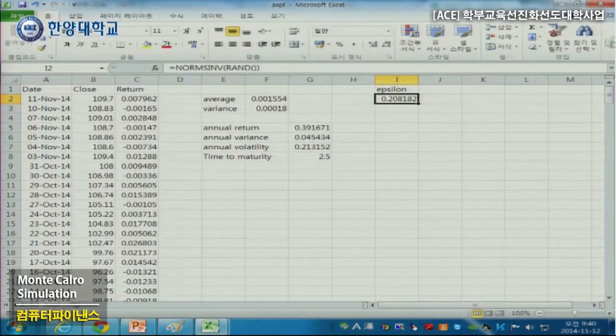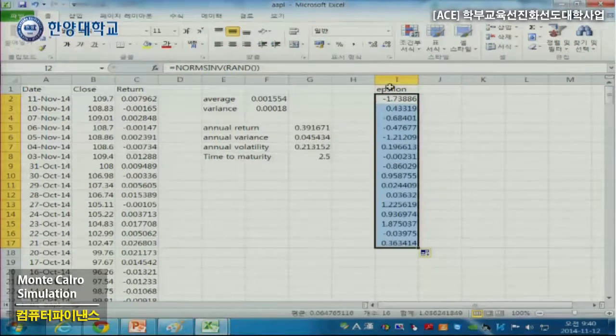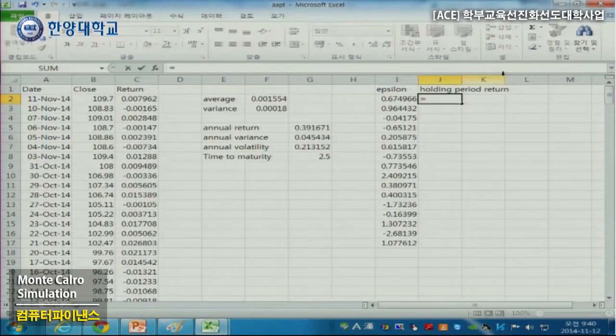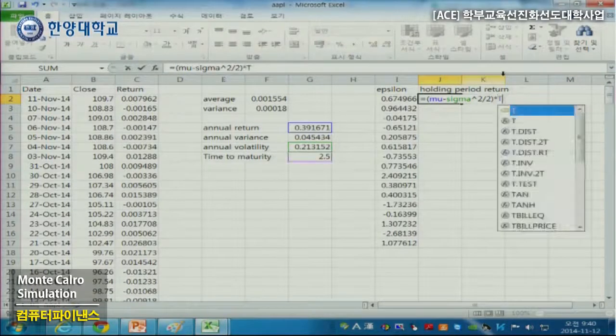Okay. And then let's simulate how many. We simulate this one, and then holding period return. Holding period return is what? This is mu minus sigma squared divided by 2 multiplied by t, right?